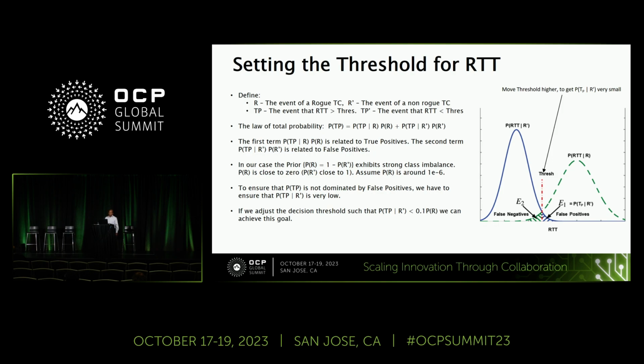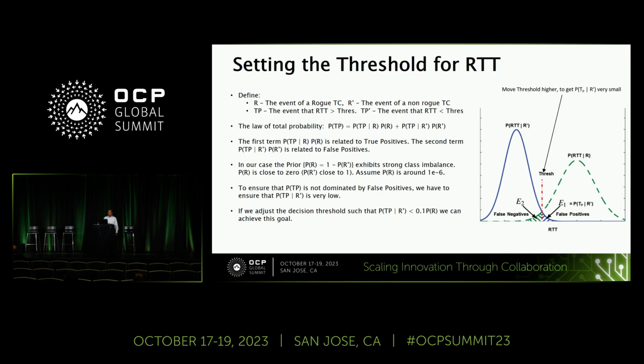If I move the threshold right to make this number small, remember we're looking for something like 10 to the minus 12, then the area under the green curve on the left of the threshold, which is the false negative rate, begins to increase, making the detector less and less useful. So that is a typical analysis that demonstrates the problem of these two numbers and how they're related to each other.